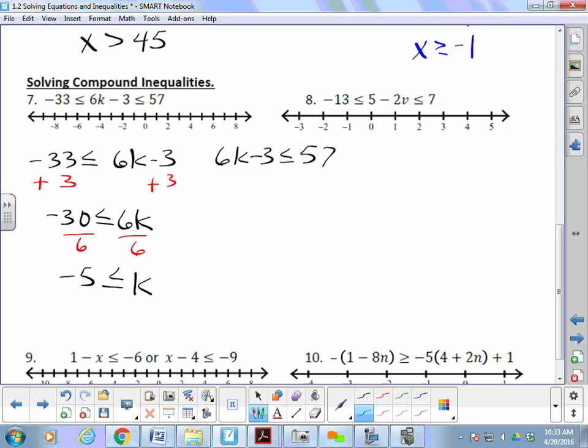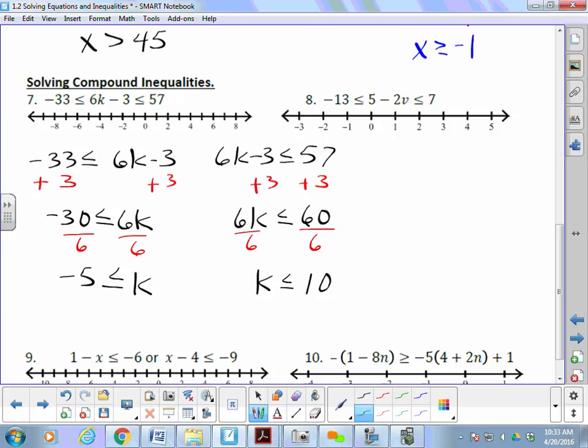So we have to solve both of them. Do the one on the right. Add 3 to both sides. 6k is less than or equal to 60. Divide by 6. We get k is less than or equal to 10.